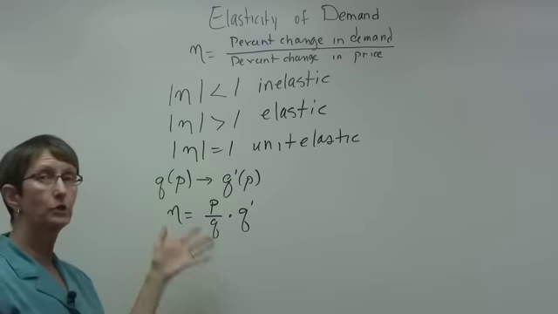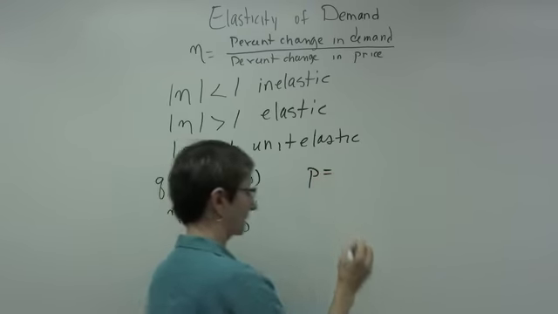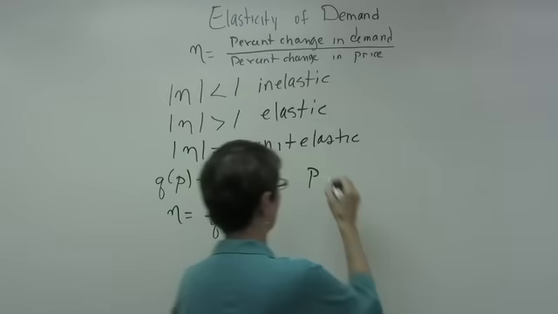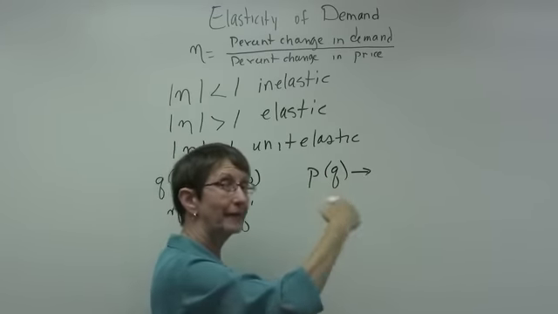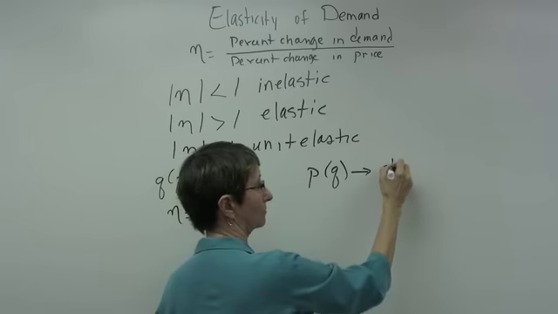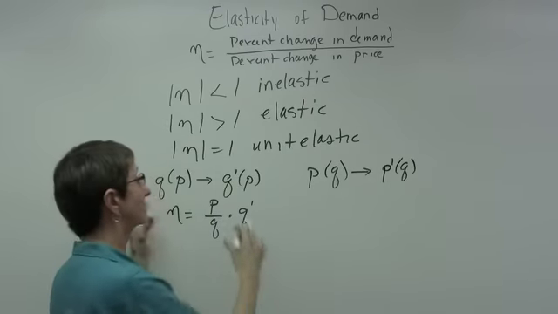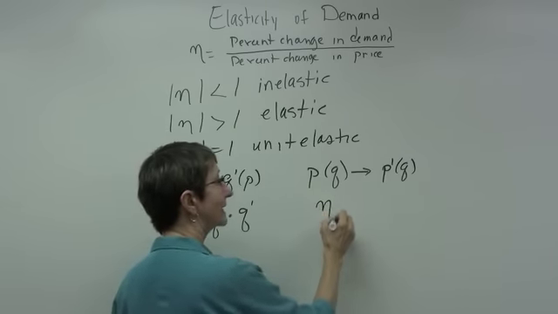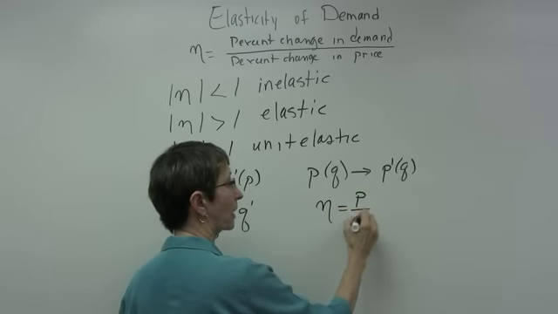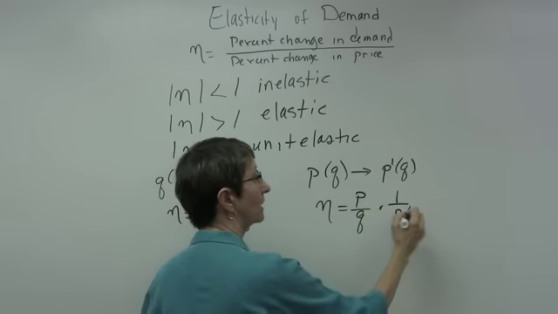But a demand equation could also be written as P equals a function P of Q. And the derivative of a function P would be P prime of Q. And because of the way the percent change turns into a rate of change, in this case, elasticity is P over Q, but then it's times 1 over P prime.